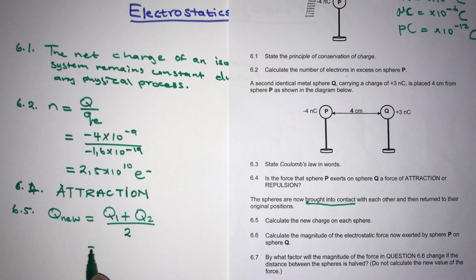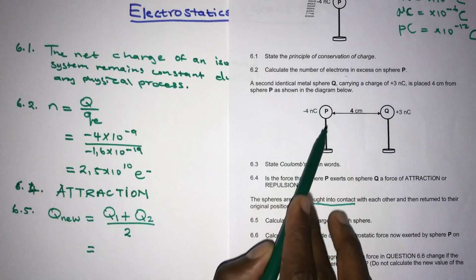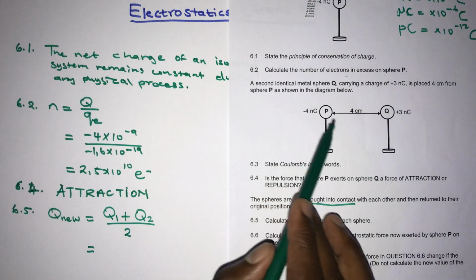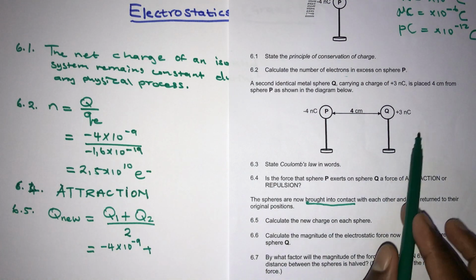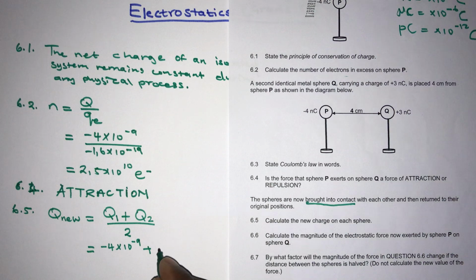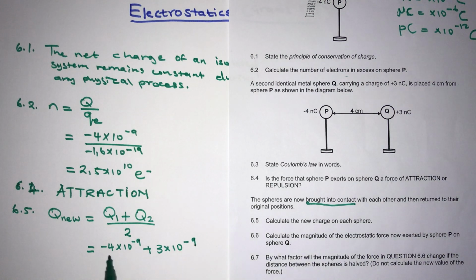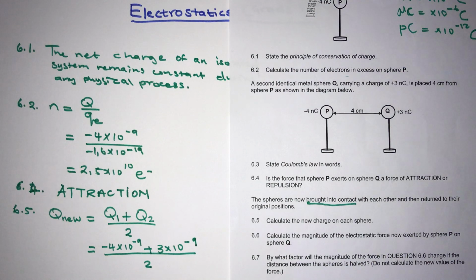So now what is the charge on the first sphere? The charge on the first sphere is negative 4 nanocoulomb, but we convert that one, remember? So this is negative 4 times 10 to the negative 9 plus the charge on the second sphere, which is positive 3 times 10 to the negative 9, and then we divide by 2.